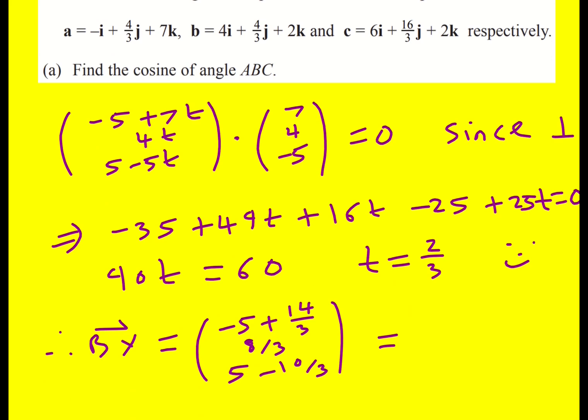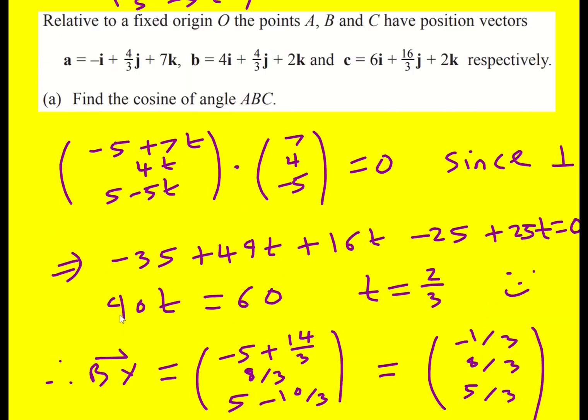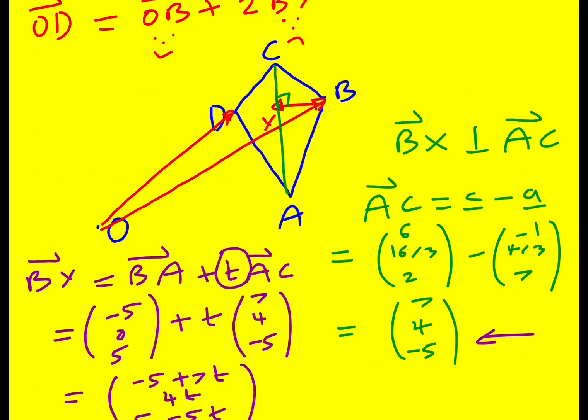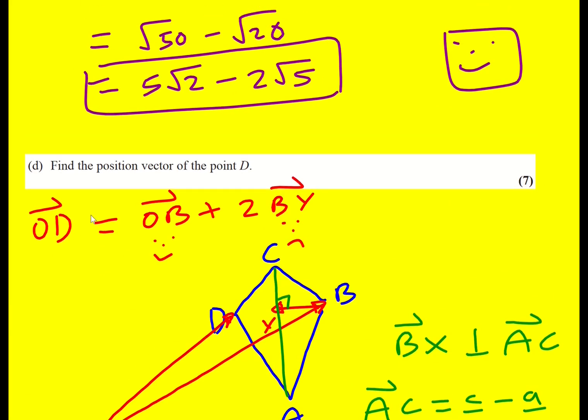And I can put this all over the common denominator. So this is going to be minus 15 over 3. If I add it, I'll get minus 1 over 3. This stays as 8 over 3. And this is 15 over 3. So I'm going to be left with 5 over 3. We are so close. Remember, we've got this.